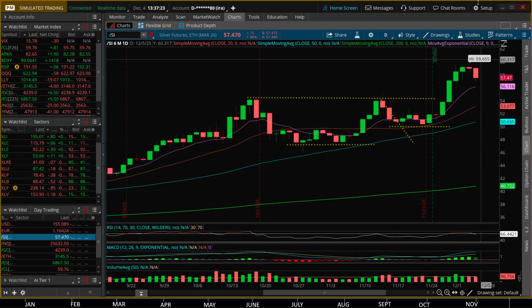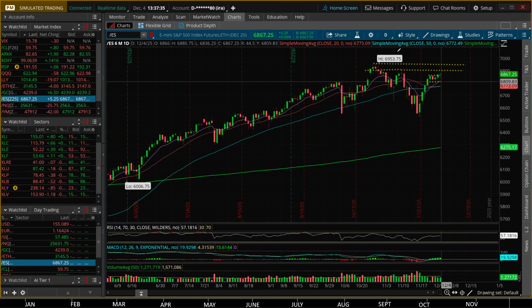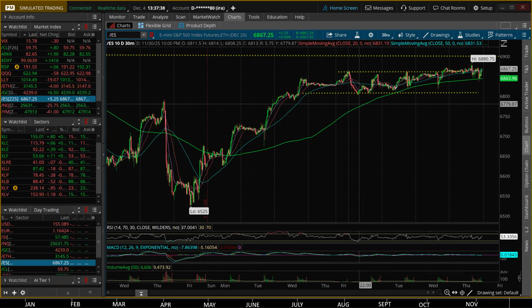Yeah. Does this same technique work in futures? Yes, of course it does. It works on every time frame. For example, because of what's been going on in the ES this week, there's been a lot of consolidation here.